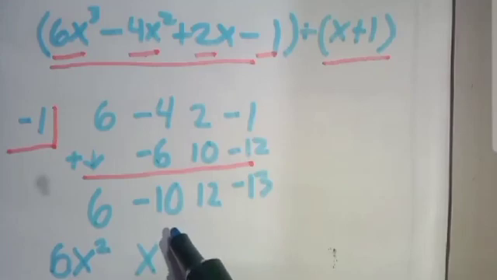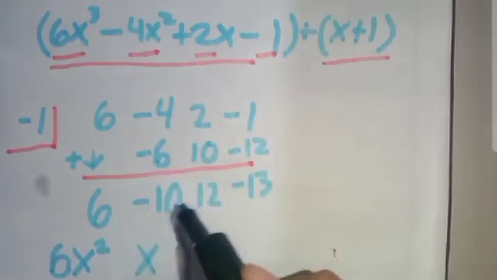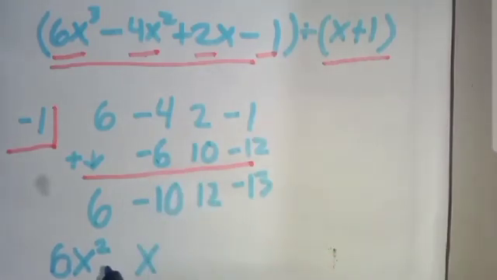Then we will use this coefficient negative 10, so this is going to be negative 10x. How? Since this was the last variable x, this one will serve as the constant, that would be 12. So what will happen here?